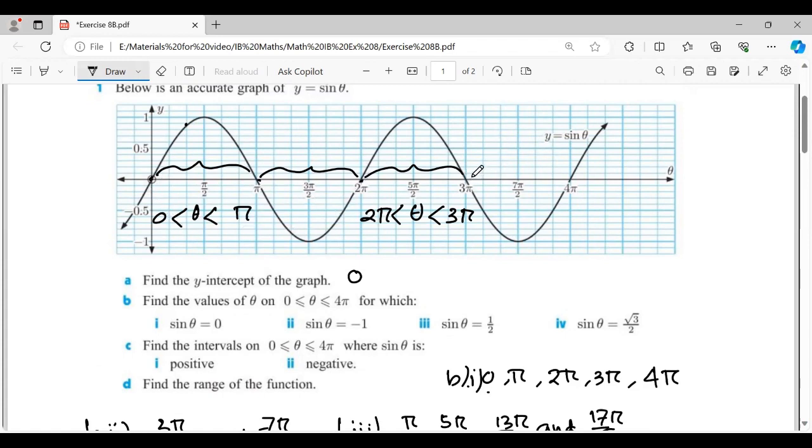And also this interval. So theta greater than pi, less than 2 pi, and theta greater than 3 pi, less than 4 pi.